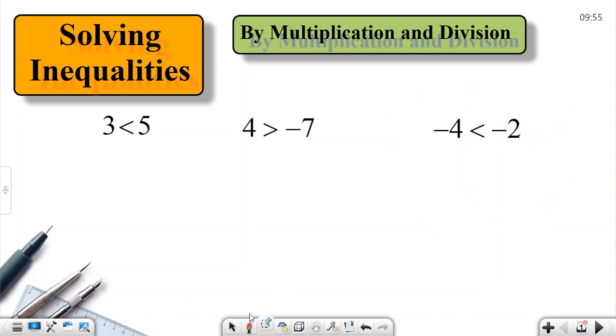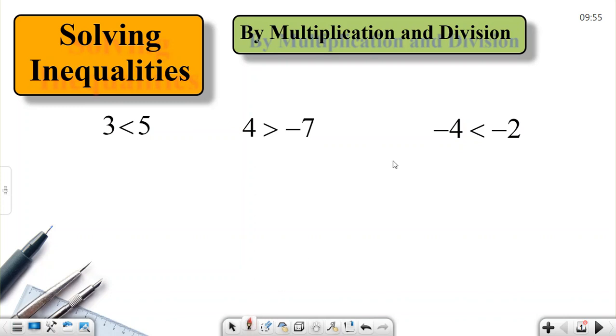Let's multiply by a negative number, such as minus 10. Negative 10 times negative 4, positive 40. Negative 2 times negative 10, 20. So positive 40 is greater than positive 20. Again, you can try lots of negative numbers.